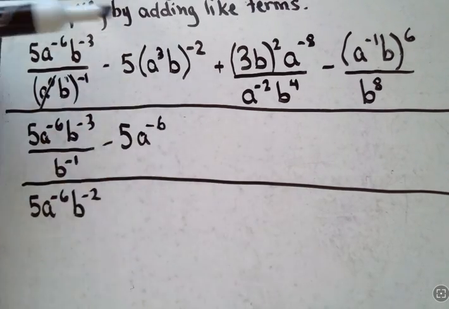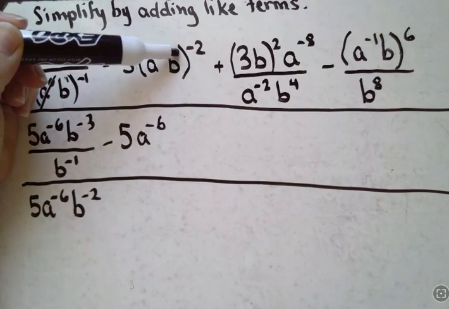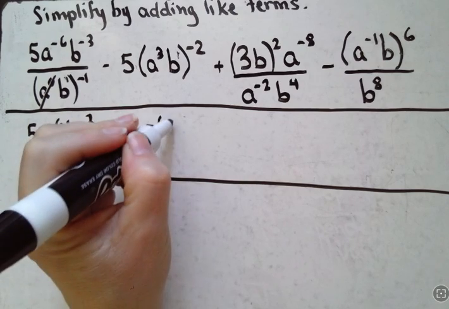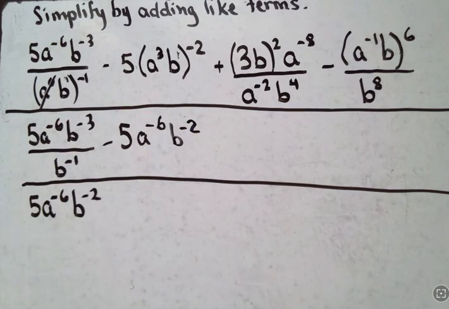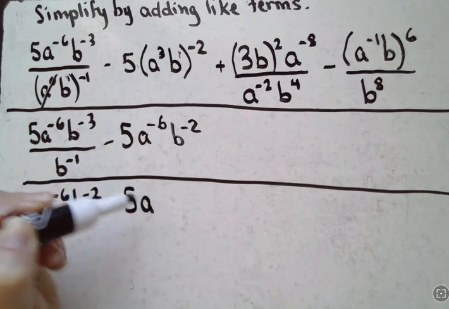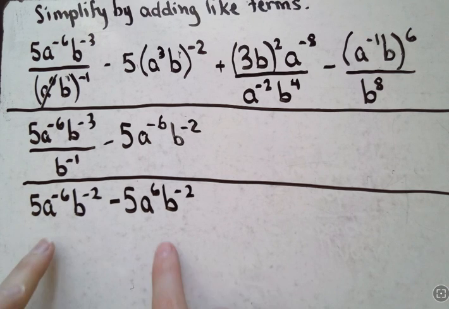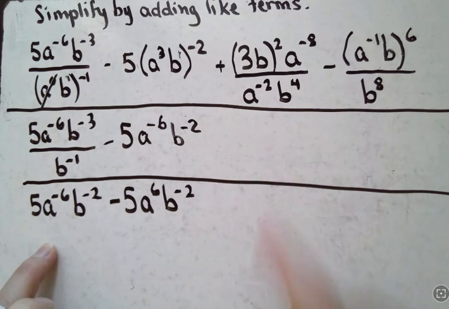And then the b, which has an exponent of 1 inside the parentheses, can be multiplied by -2, so I'd get b to the -2. And so that's as simplified as I can get it. So I have minus 5a to the -6, b to the -2. Now I can see these first two terms are like terms. But before I do anything, I'm going to keep going and keep simplifying.